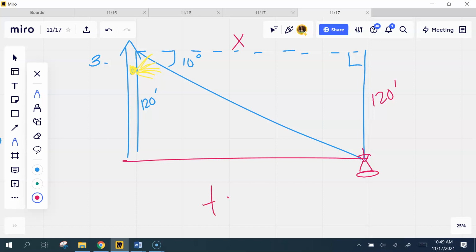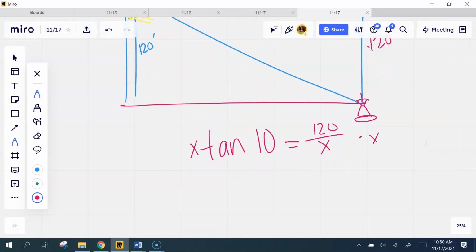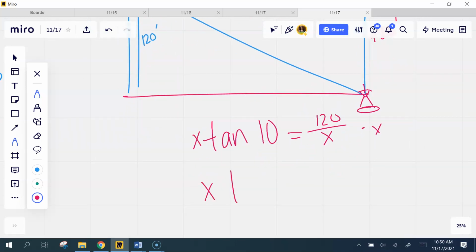Tan. Are y'all starting to see a pattern here? Nine times out of 10 it's tan. Tangent of 10 degrees is equal to what? There you go. Different this time because it's opposite over adjacent. As I solve this, I can still multiply by x on both sides, and I have x times the tangent of 10 equals 120.